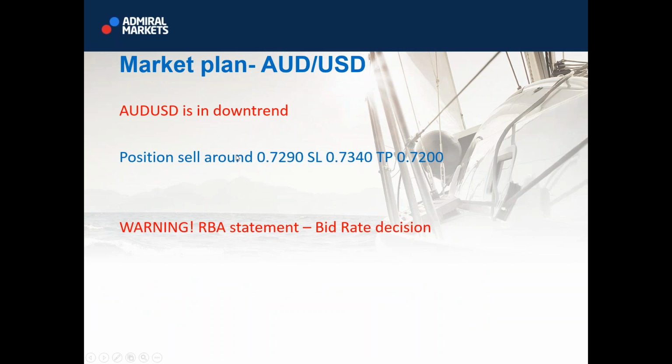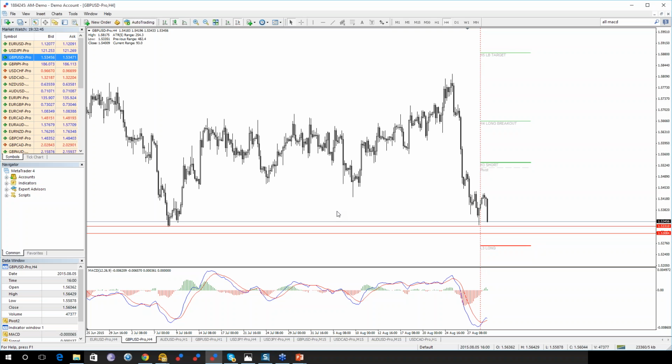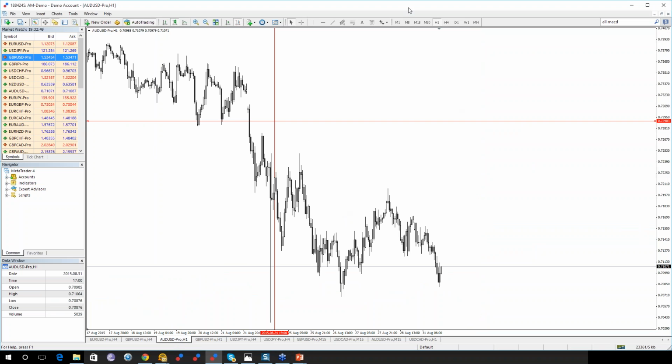Now Australian dollar, guys, Reserve Bank of Australia statement, bid rate decision. You know that I personally don't love to trade during RBA statement, but this can be a setup if we get a spike on Australian dollar. Australian dollar is close to historical support here, so by all means, I cannot sell it here.